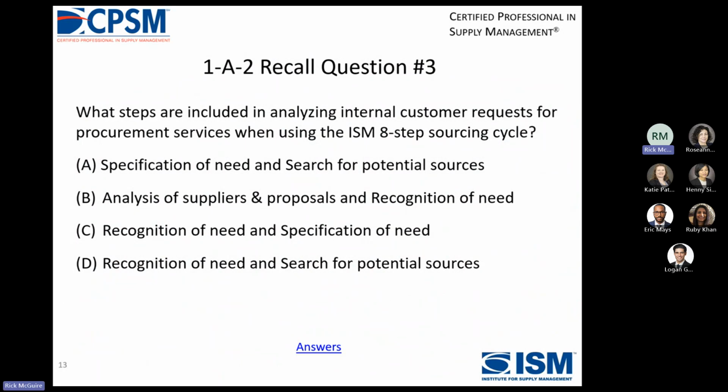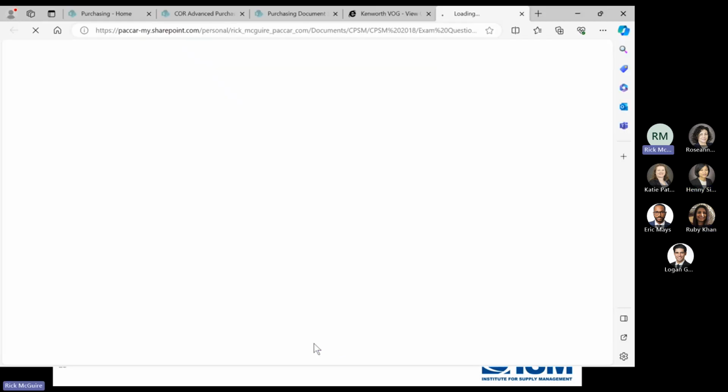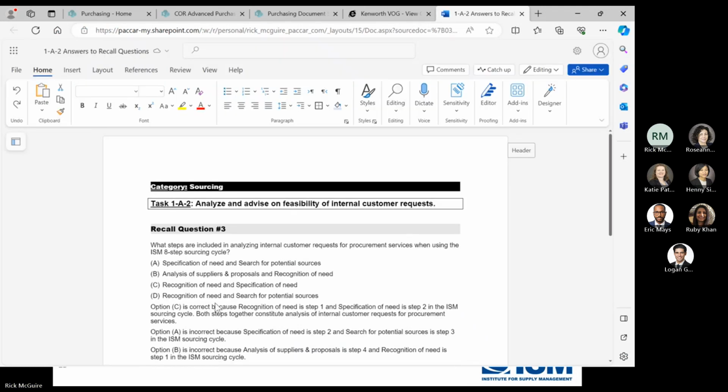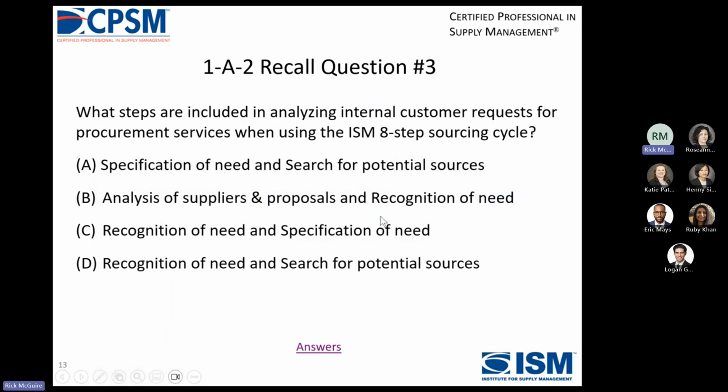You're looking at the steps that are analyzing internal customer requests. Probably the first 2 steps. Any guesses here? A. Yeah, I think those are the first 2 steps. C it is. All right, we got one more here.